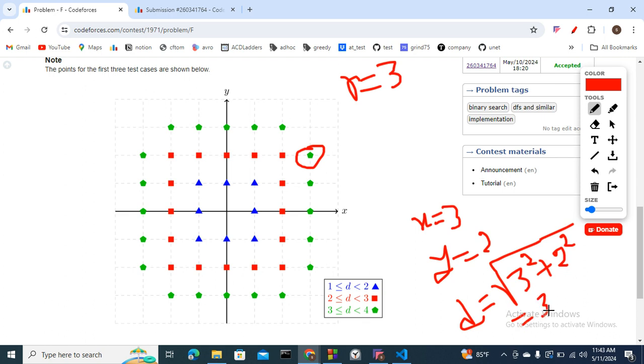That is 3 point something. So this point satisfies the condition and belongs to the answer for r equals 3.